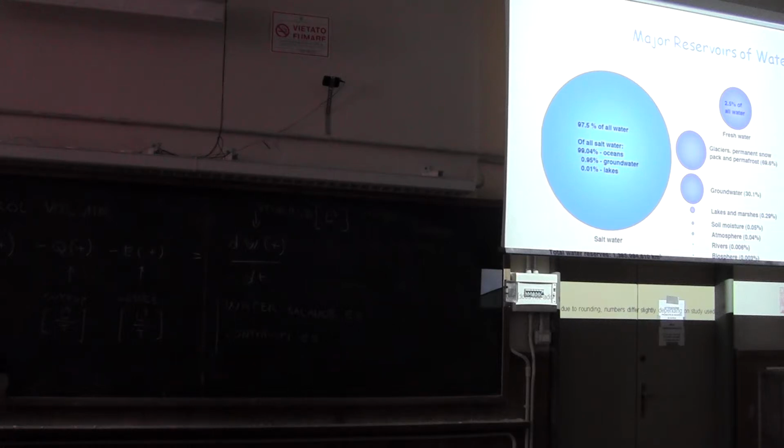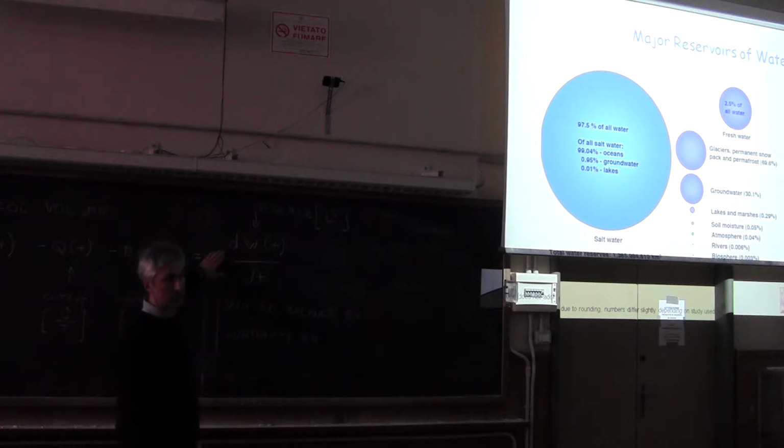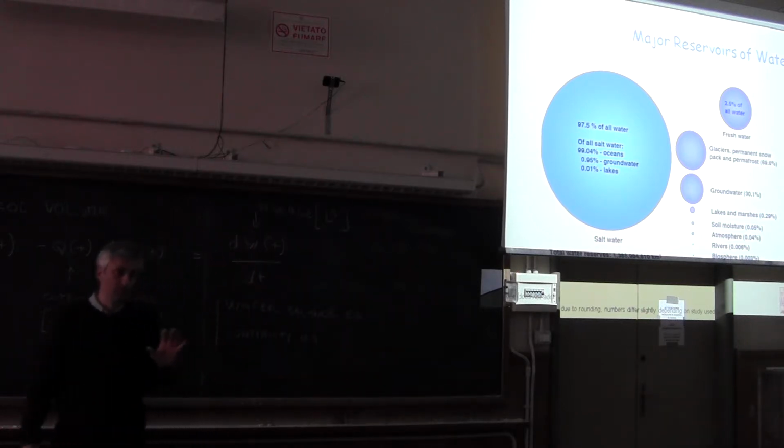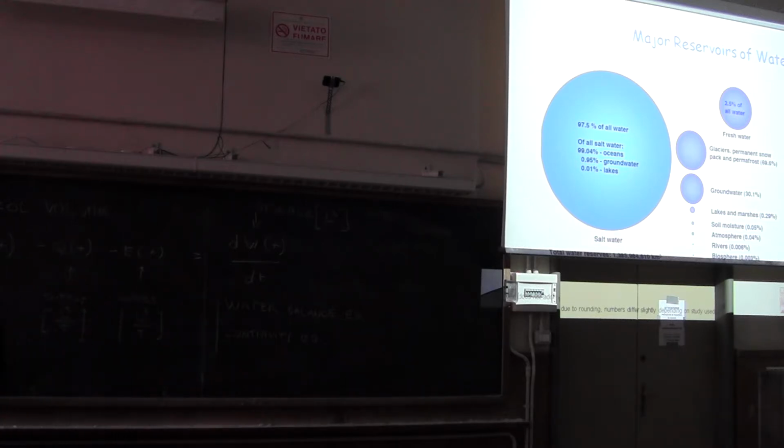And you may say, why that? It's simple if you think to the problem. It's simple to explain why you need to integrate it. Because there is an unknown in this system that you are considering, that is W. Water storage, it's an unknown basically.